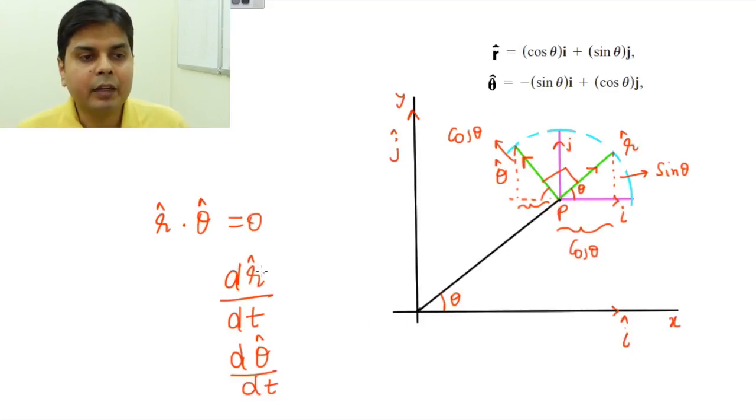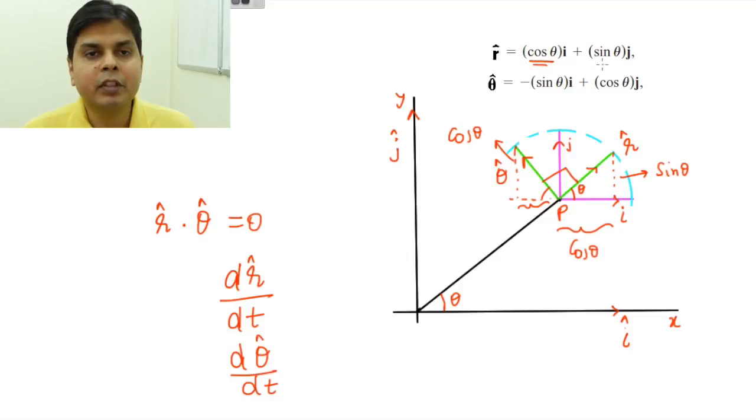You see, r cap and theta cap are also unit vectors, so their magnitude is constant, but their directions are changing because these vectors depend upon cos theta and sin theta. So as theta changes, the directions of r cap and theta cap also change. Therefore we need to find d r cap by dt and d theta cap by dt.